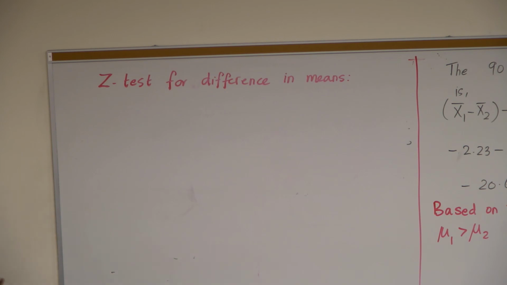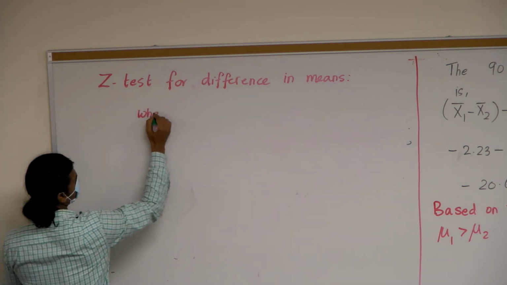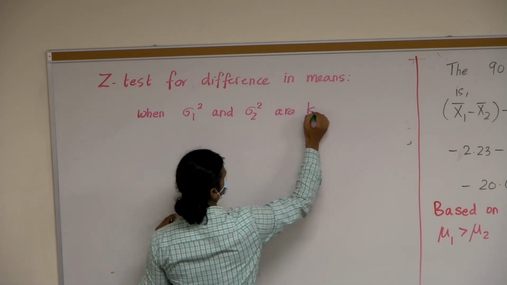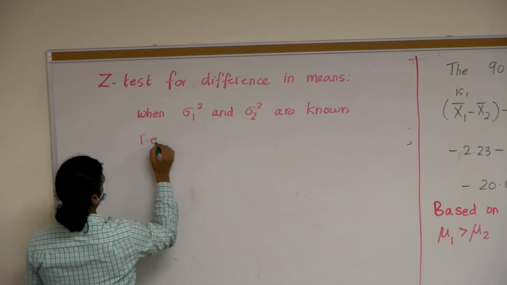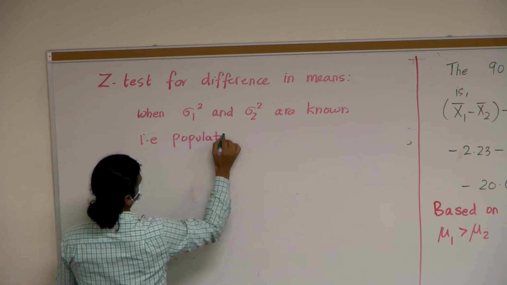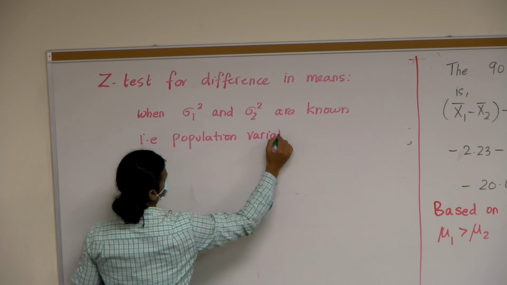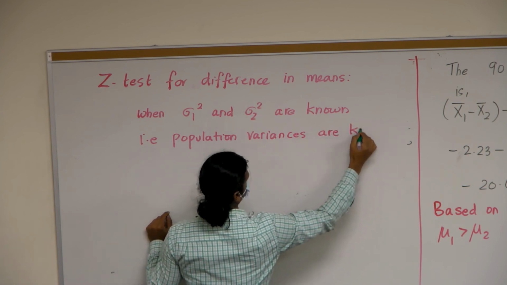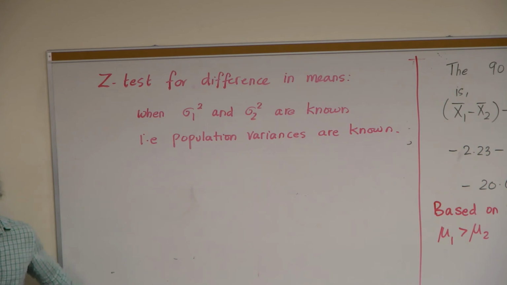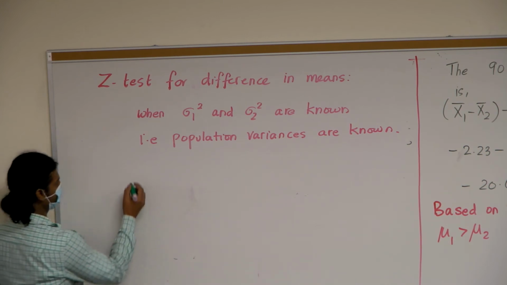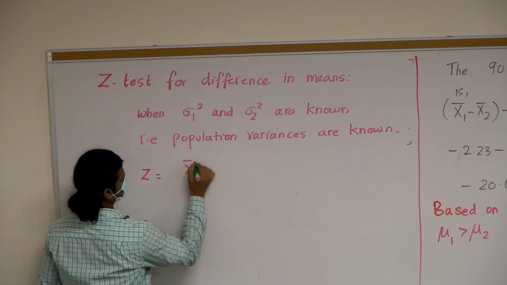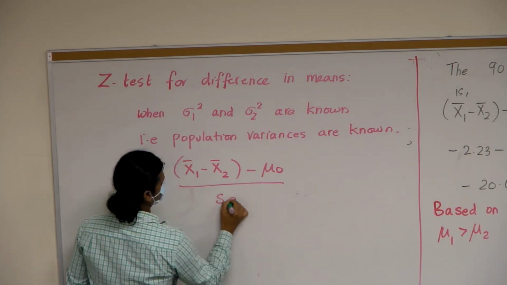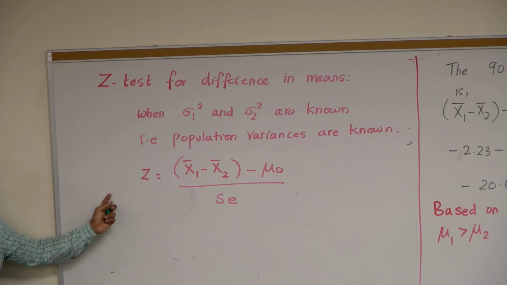It is very similar to a t-test, but we use this when sigma 1 squared and sigma 2 squared are known. That is, okay, what are the key differences? The test statistic: do you see I'm using the same formula?